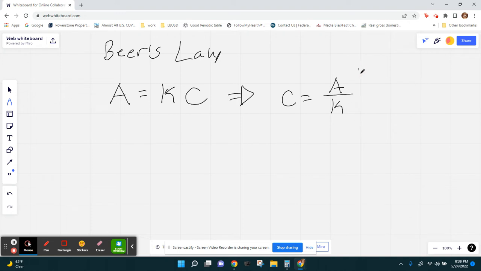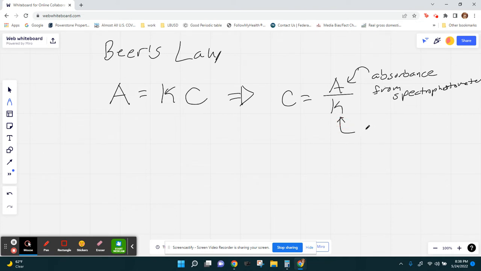All right, so A is the absorbance from the spectrophotometer. And K here is a constant that we're going to get from graphing.